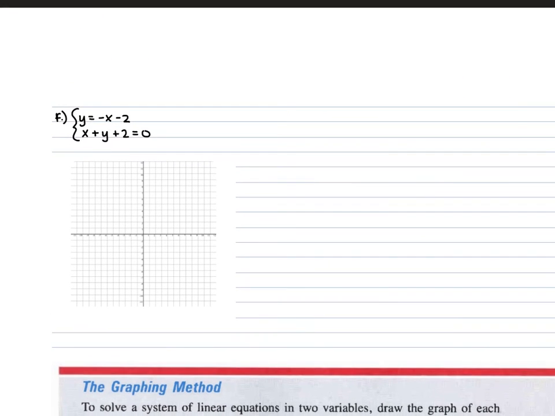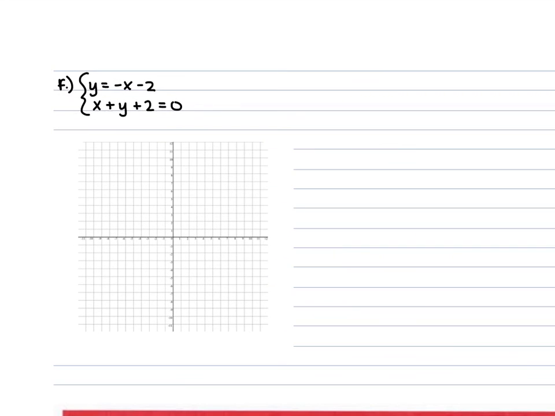For f, we have y is equal to negative x minus 2. So for this one, we're going to start at negative 2 on the y-axis and then go down one to the right one for the entire coordinate plane here. And then draw your line over your points.